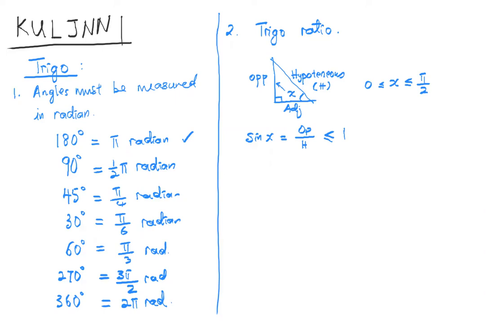So sin of an angle is talking about the ratio of opposite against hypotenuse. The value will never be more than 1. Please write it down. It will be less than or equal to 1. That is a true fact.